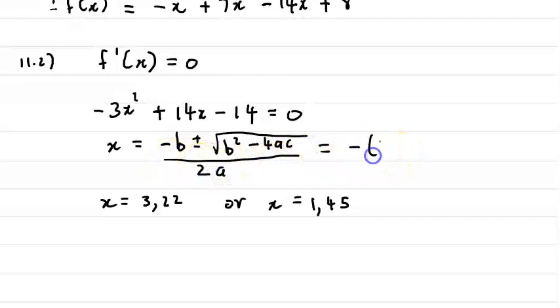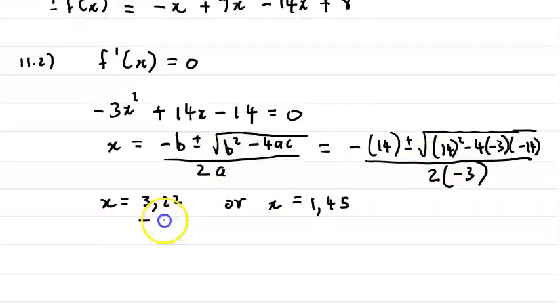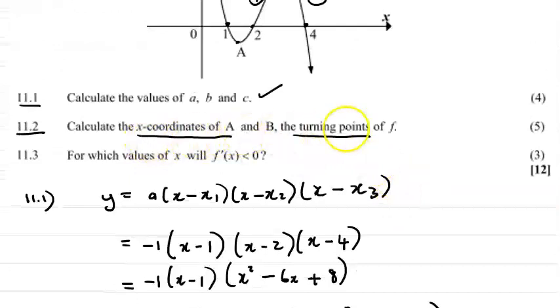So that'll be minus 14, plus or minus the square root of 14 squared minus 4 times minus 3 times c, which is minus 14, all over 2 times minus 3. Now make sure that you show all of these steps, because that's very, very important for you to score your marks in the examination. Now they only ask for the x coordinates, as you can see. So question, calculate the x coordinates of A and B, the turning points of f.